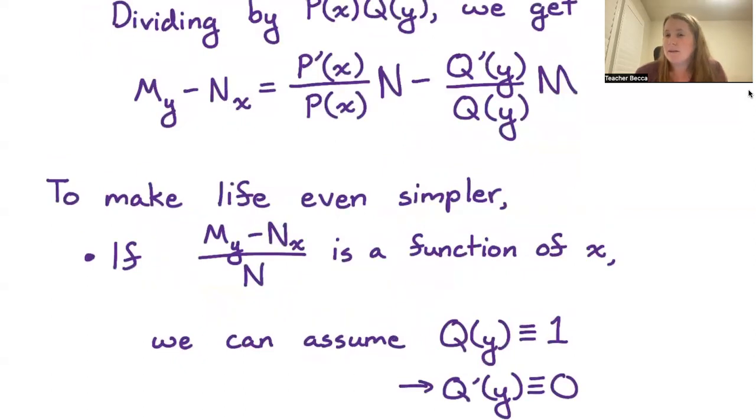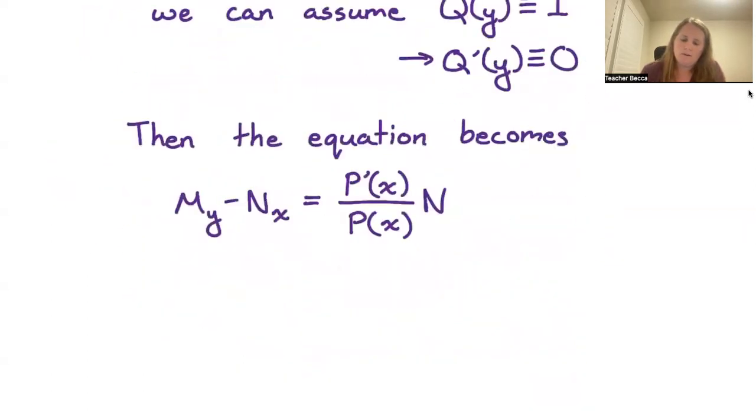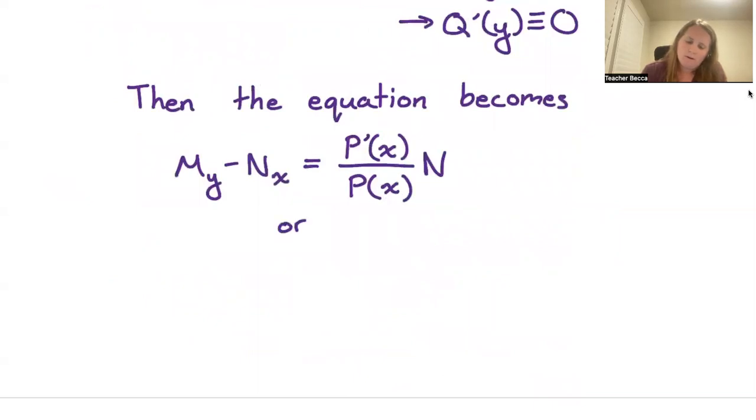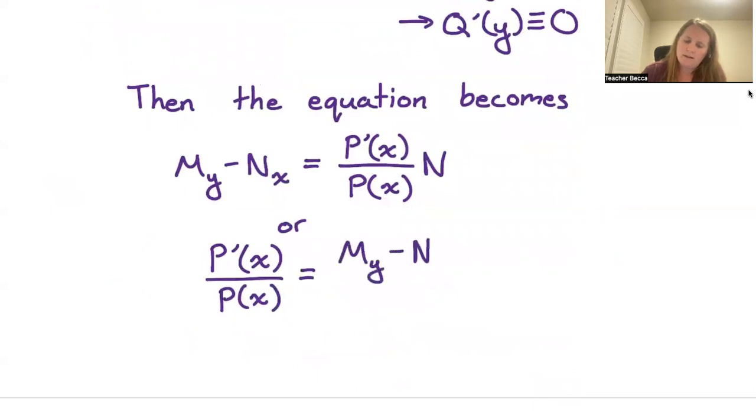And then that minus q prime of y over q of y just goes to 0. Or we can rewrite this as p prime of x over p of x is equal to my minus nx over n.